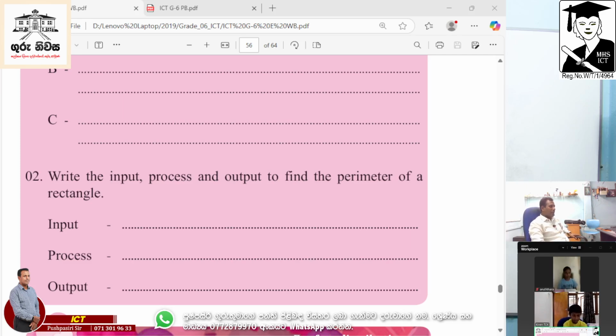එතකොට rectangle එකේ perimeter එක හොයන්න මොකක්ද අපි කරන්න ඕනේ? What do we have to input there? Length and width. So the input is length and width. Process එක මොකද්ද? So what is the process? Length plus width times 2.